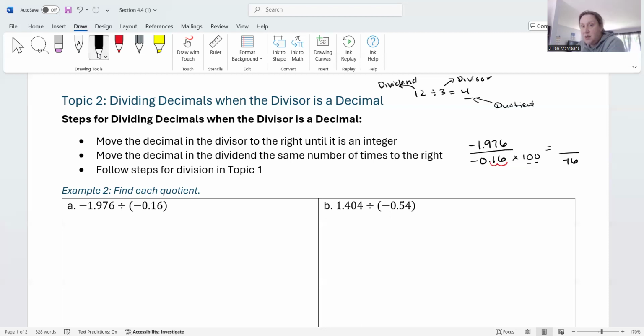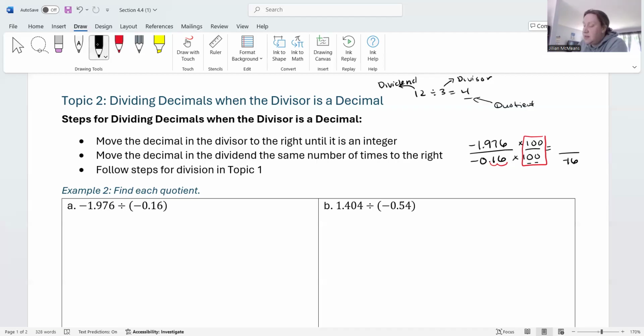The issue is if I've multiplied my divisor by 100, I no longer have a comparable equivalent problem. So to make this comparable, I have to also multiply the dividend by 100, because then I'm secretly multiplying this whole thing by some weird form of 1, which isn't changing its value, it's just changing its appearance. It's making it useful for us.